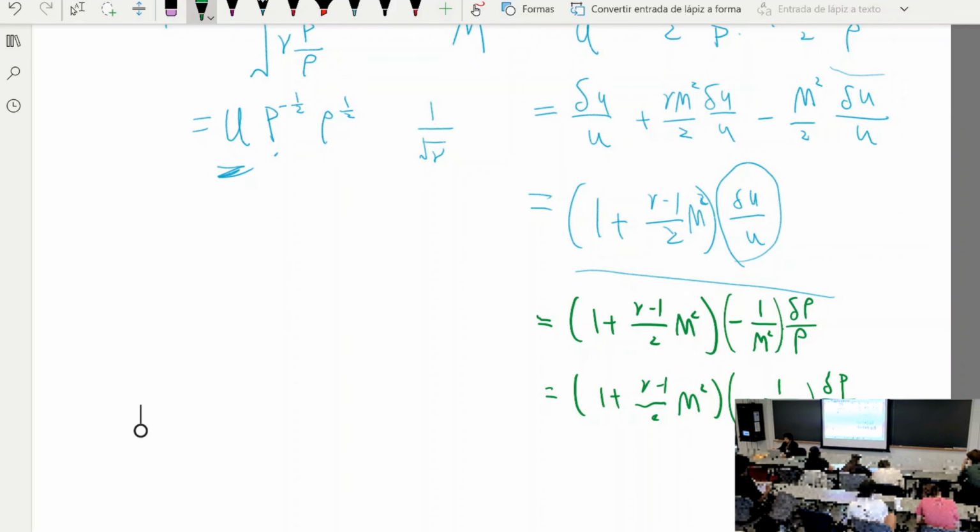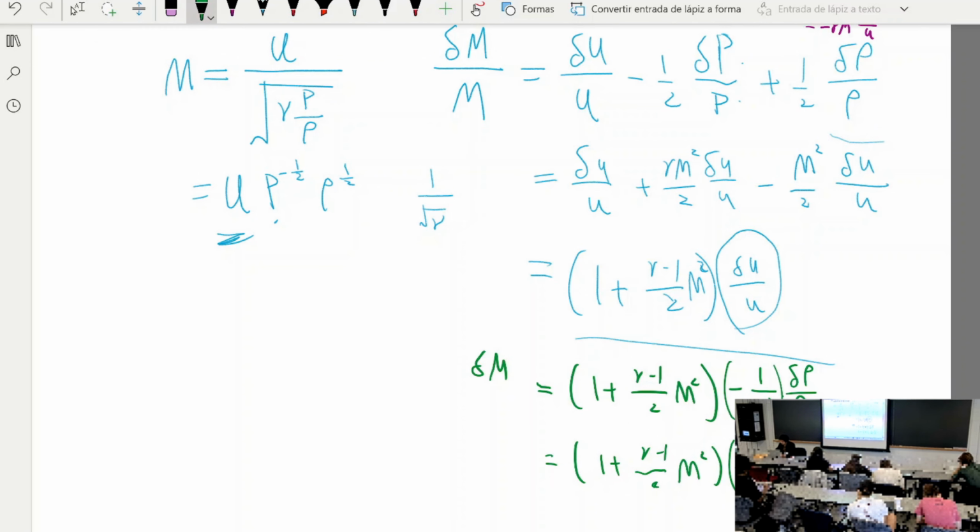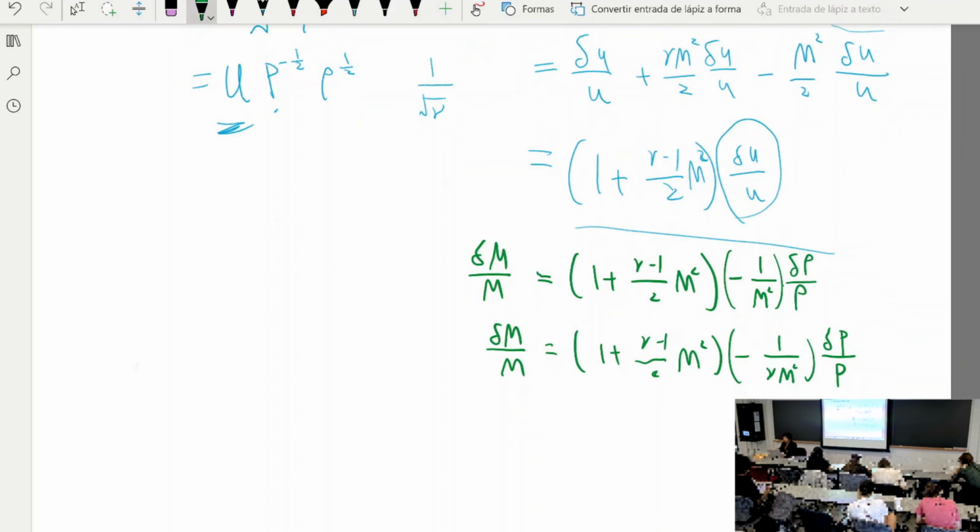For example, let me just write the left-hand side also here. Okay. Now we can integrate because let's just flip this and write what is delta rho over rho. Delta rho over rho is equal to, we are multiplying both sides by minus M squared.